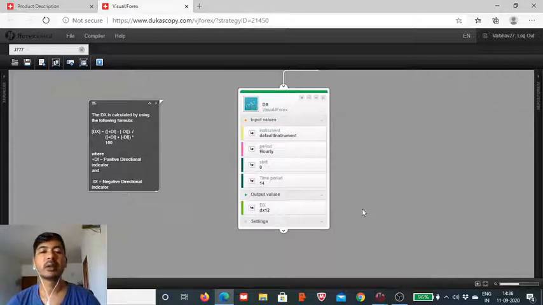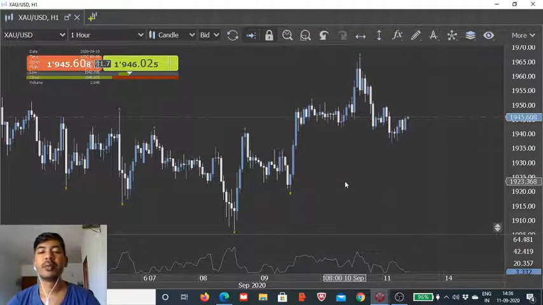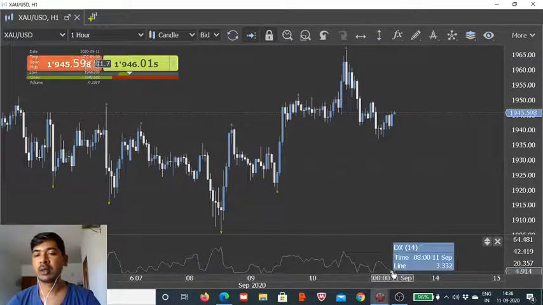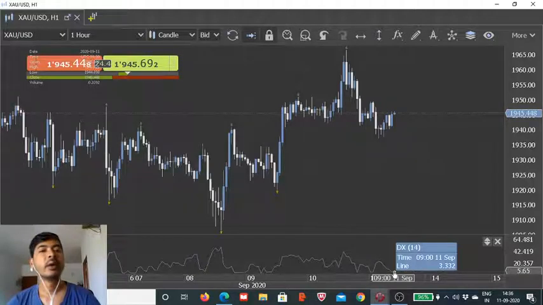Time period is the parameter on which the calculation will be done. So here, when I take this DX value, the time period which has been taken into consideration is the last 14 candles of 1 hour each. So that's how this input parameter works.